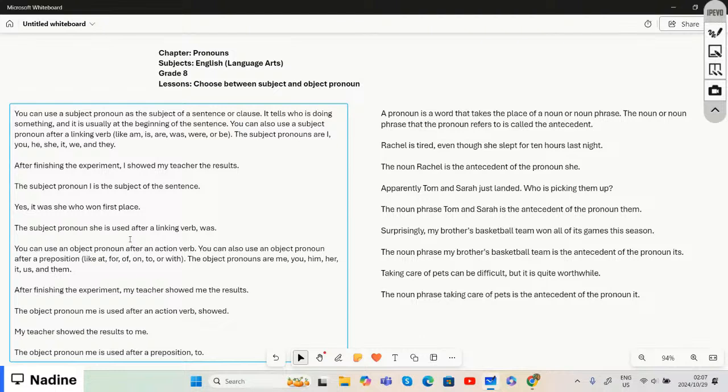You can also use a subject pronoun after a linking verb. Linking verbs are such as am, is, are, was, were, or be. Our subject pronouns are words like I, you, he, she, it, we, and they.